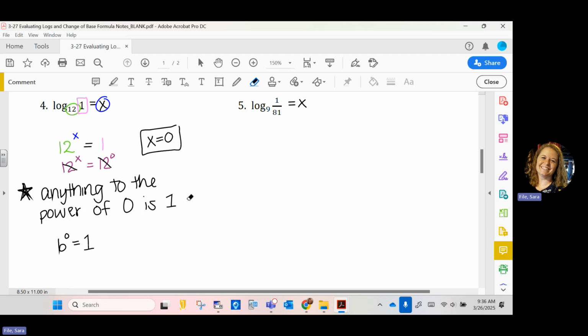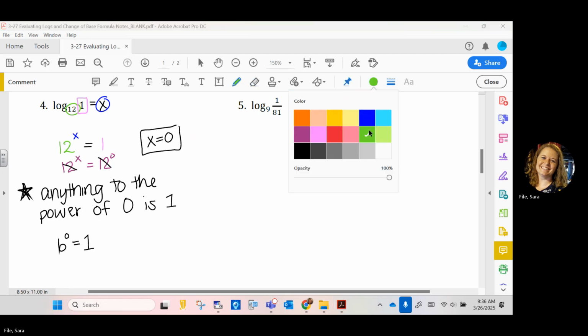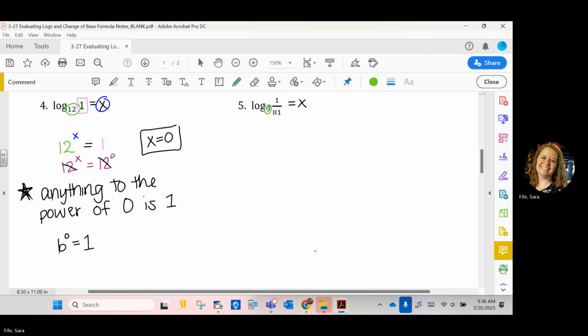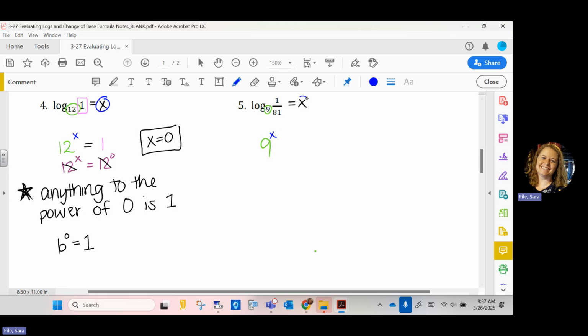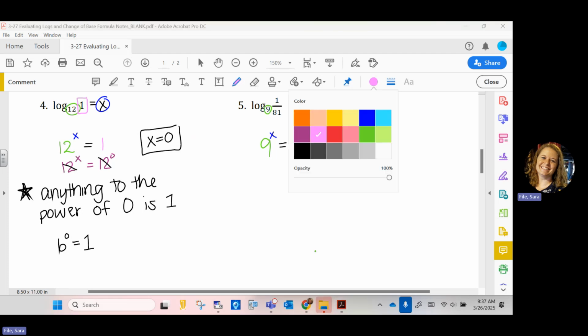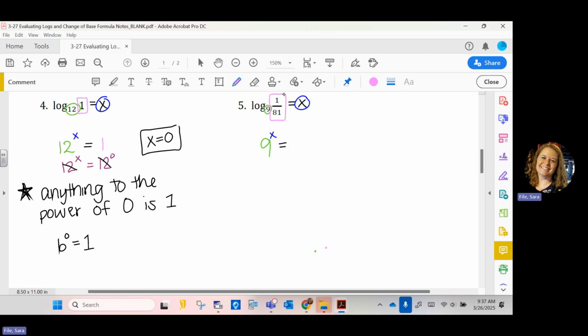All right, what is the base in number 5? A 9. Okay, so I'm doing 9 to some power x, that's our unknown, is going to equal what we're taking the log of, which is 1 over 81. Now, here's where we get into what somebody mentioned a second ago. Is it a negative power?